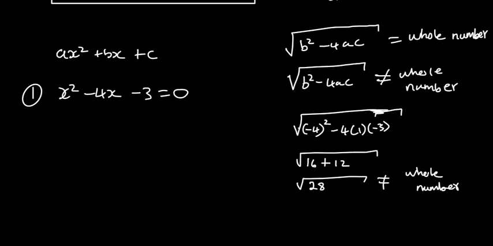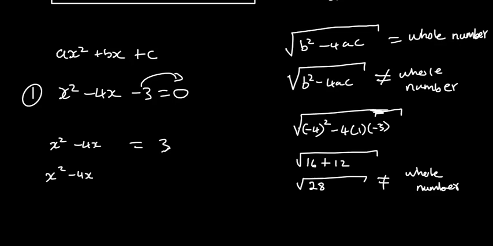So there we go. First x squared, then minus 4x, then we take this to the other side, equals 3. Then we will add half of the middle term coefficient, square it, and add it to both sides.